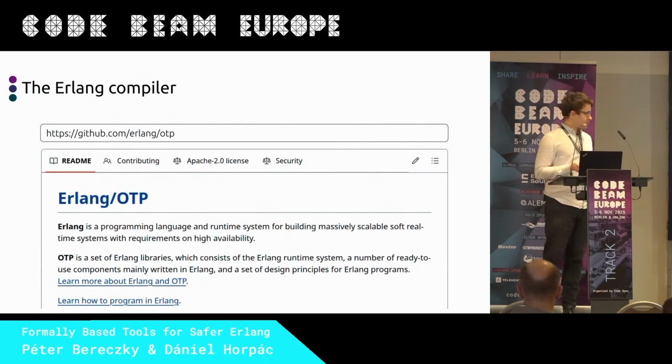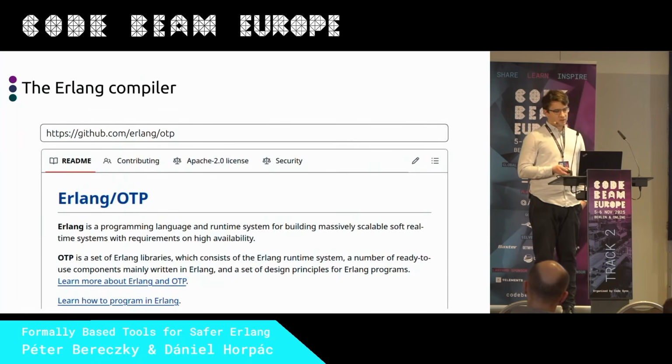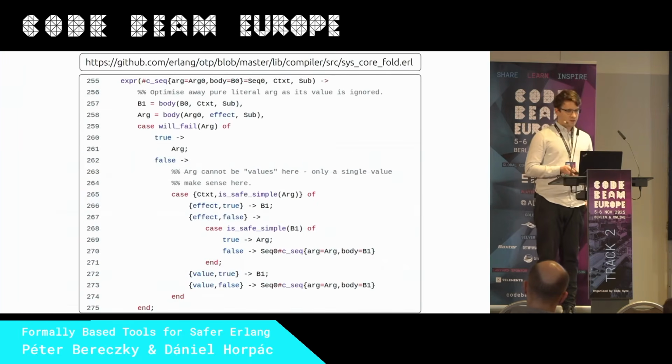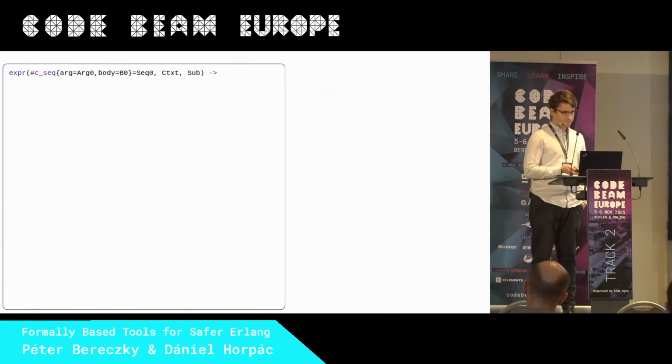And if you're interested, you can check out its code because it's open source. You go to the GitHub page of Erlang OTP and look in the compiler for sys_core_fold.erl. And I would like to draw attention to this piece of code here. Let's digest it in a bit more detail.